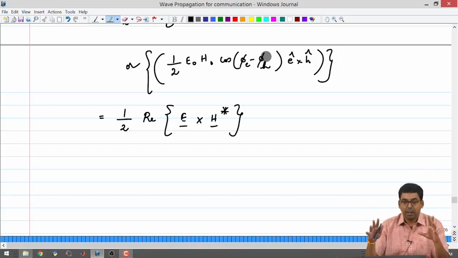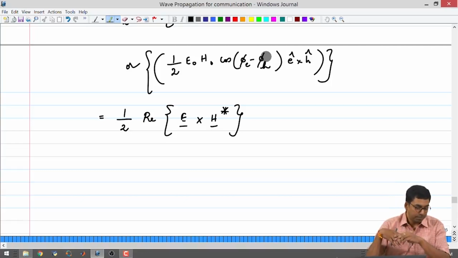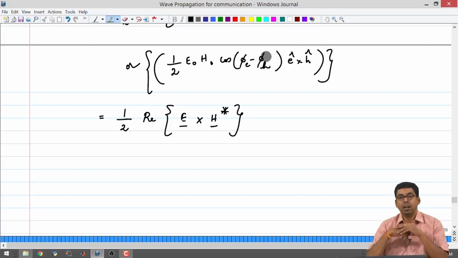And in the most general case, half real E cross H complement should give you an idea about all that. Most of the cases are very similar to your electric circuits, and that is something to bear in mind.